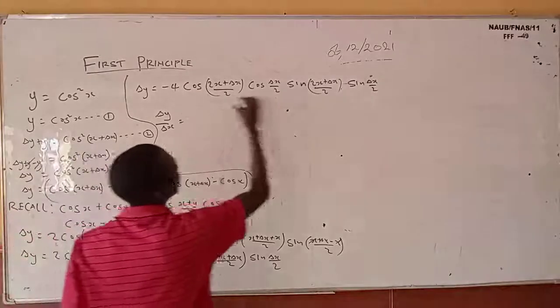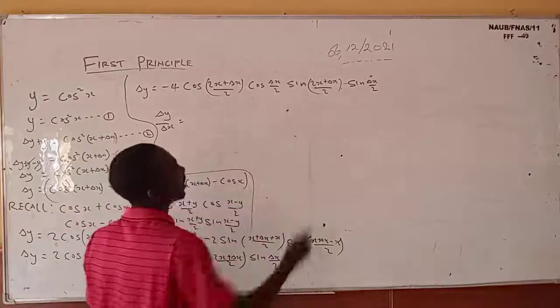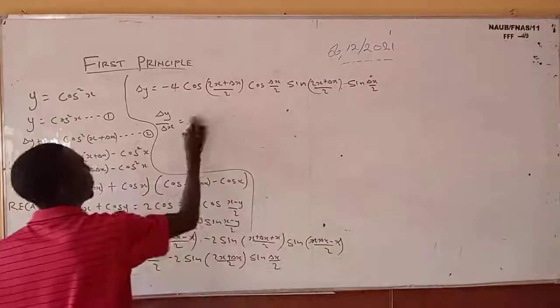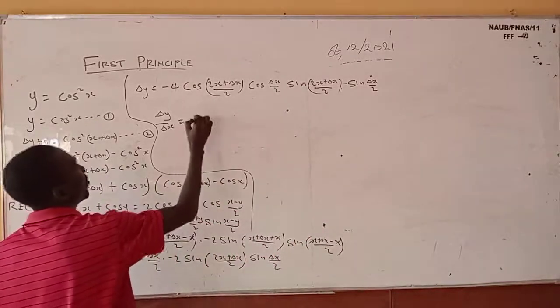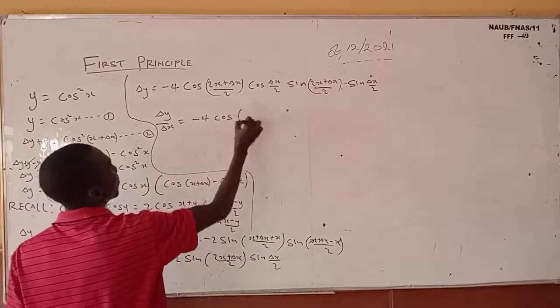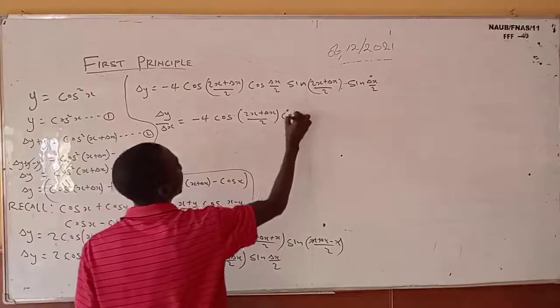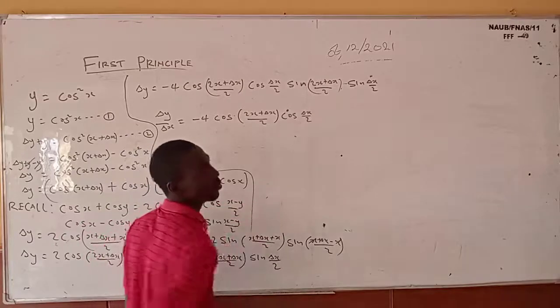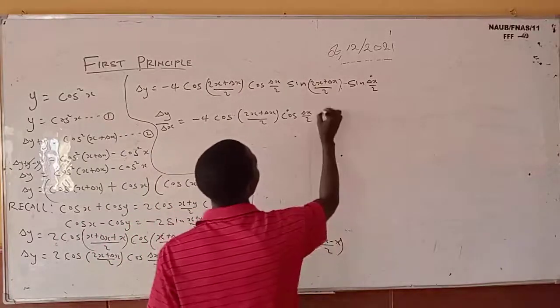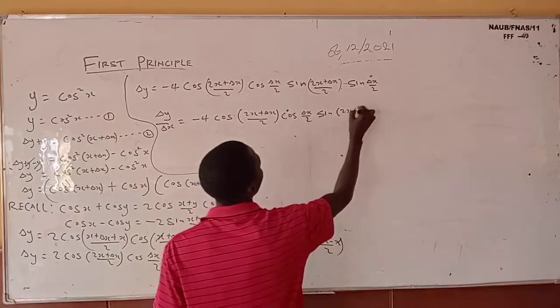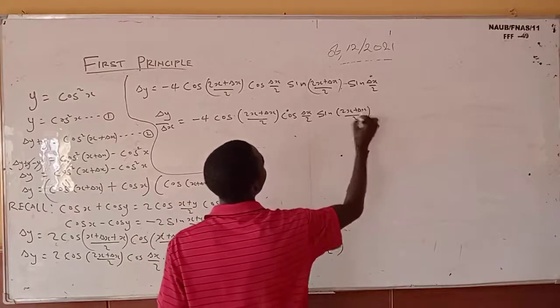So instead of me drawing a straight line and putting change in s there, I'm just going to put it under here. So equals minus 4 cos (2s plus change in s over 2) cos (change in s over 2) over... Are you getting it? sin (2s plus change in s over 2).